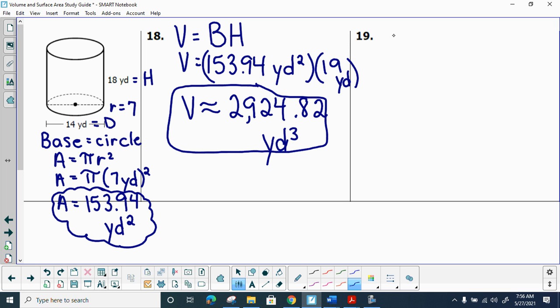Now, surface area. We have two of those circles, so a bottom and a top. All right, so we need two of the circle areas.